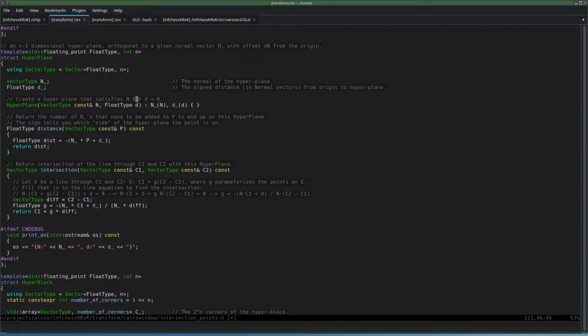And that is only 0 if the length of x is d in the direction of n. In other words, the whole hyperplane is at a distance of d to the origin. D is the distance to the origin, perpendicular to the hyperplane.